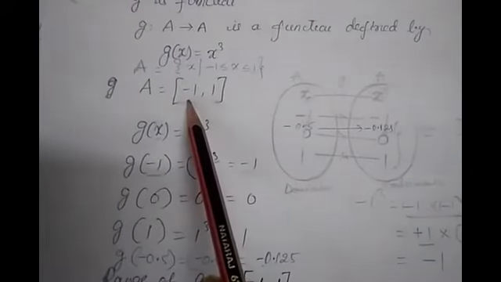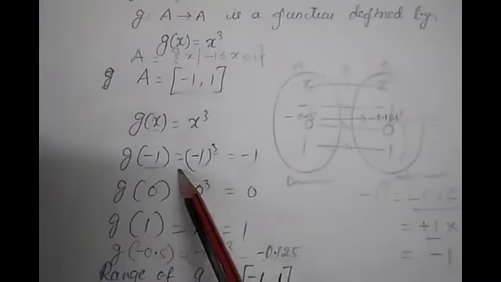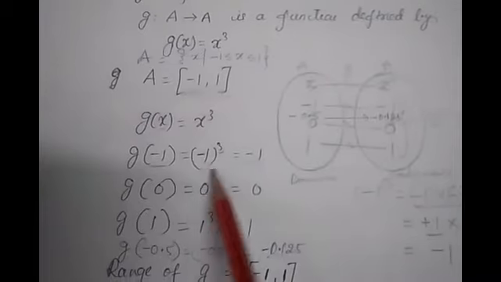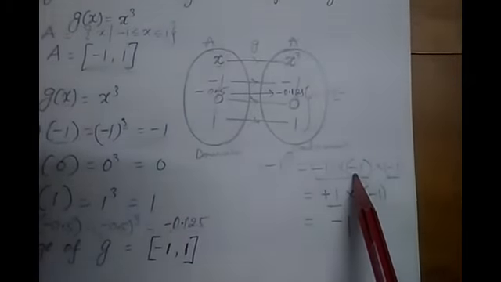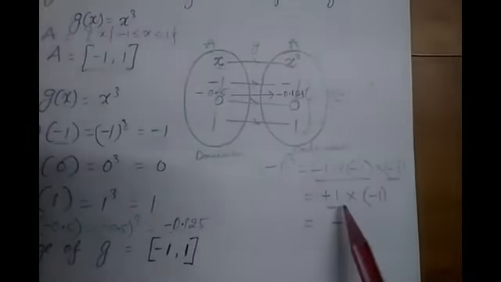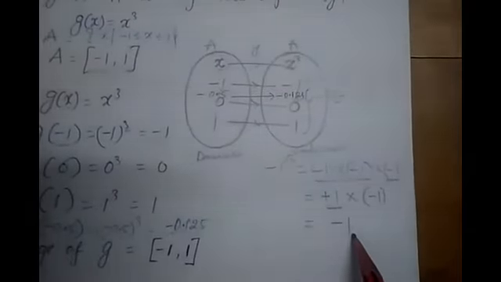Let us take x equal to minus 1. g of minus 1 is minus 1 whole cube, which gives minus 1. Why? Minus 1 whole cube is minus 1 into minus 1 into minus 1. Minus and minus gives positive, so minus 1 into minus 1 is plus 1, which again multiplied with minus 1 gives minus 1.